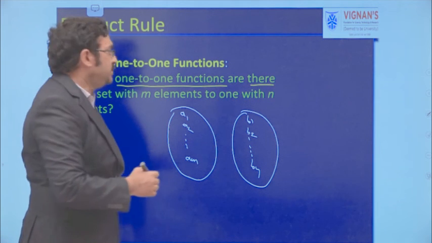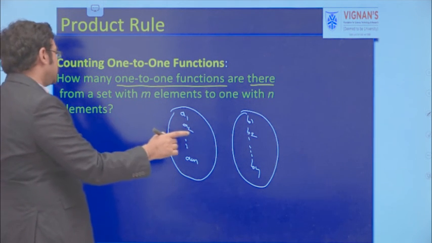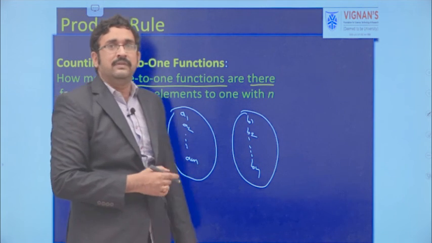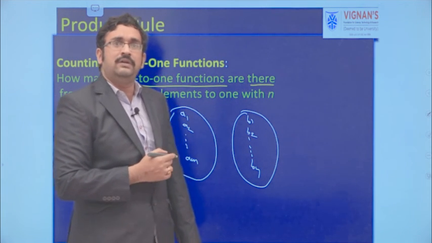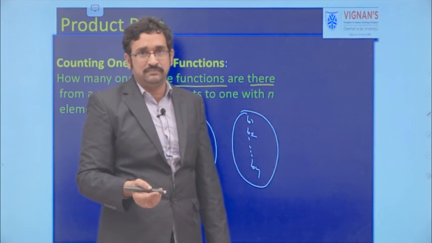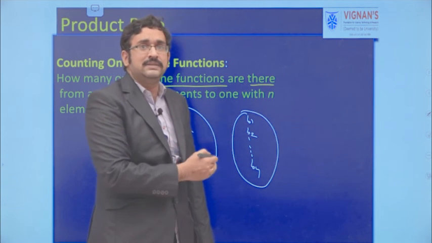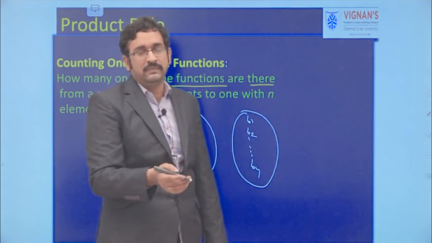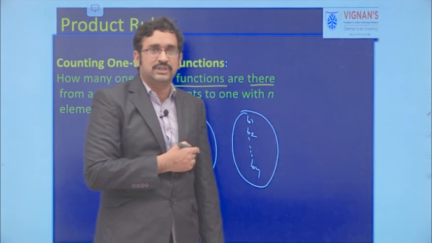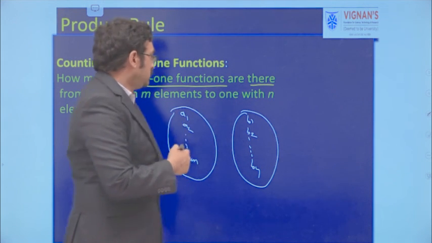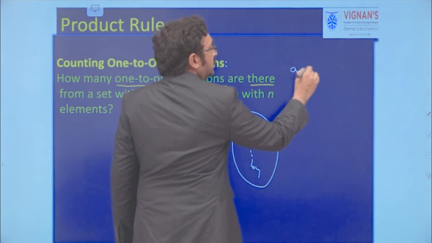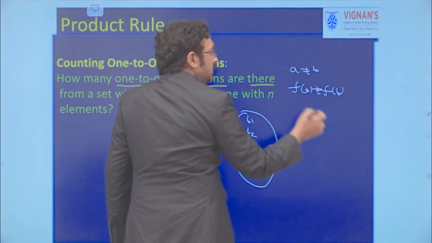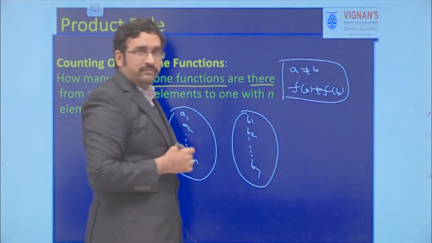What is a one-to-one function? A one-to-one function is nothing but an injective function. That means distinct elements in the domain should be mapped to distinct elements in the codomain. That is the definition of an injective function. So if a is not equal to b, then f of a is not equal to f of b.